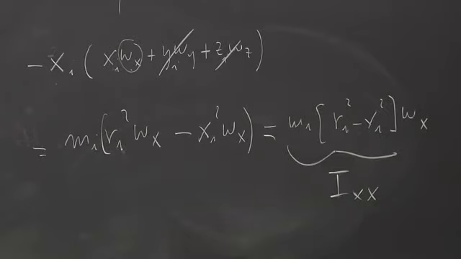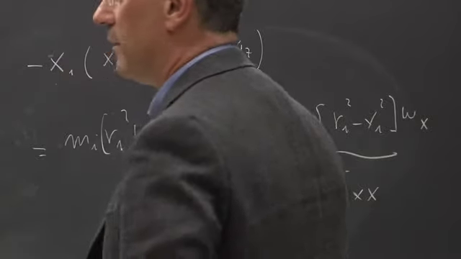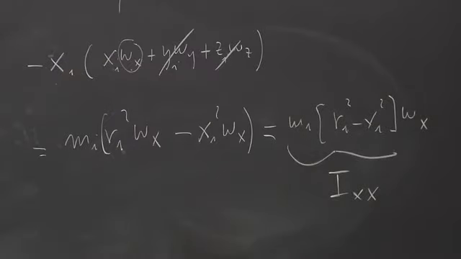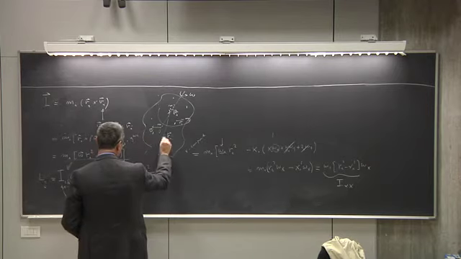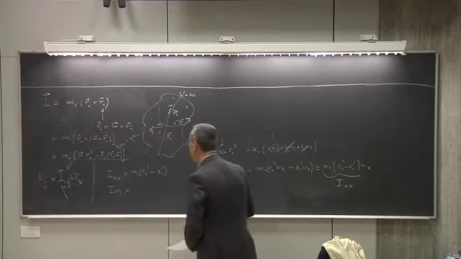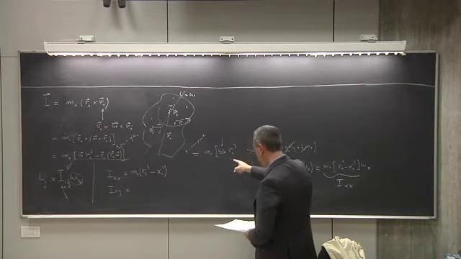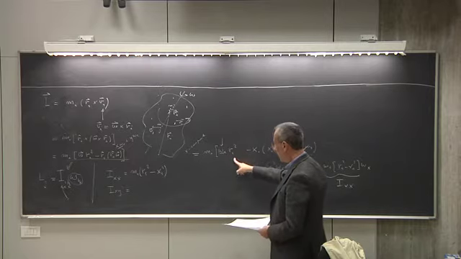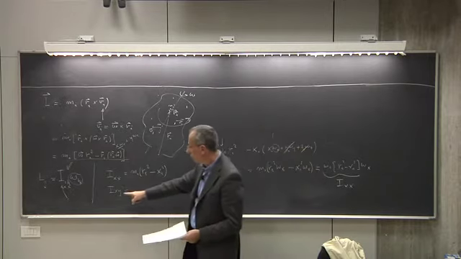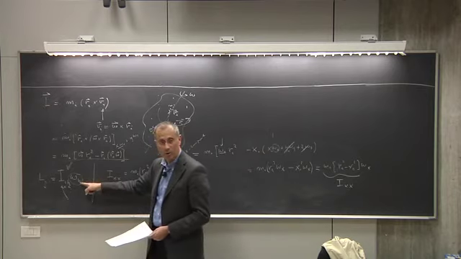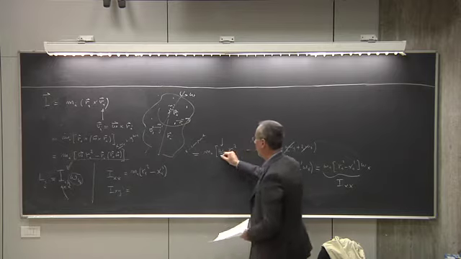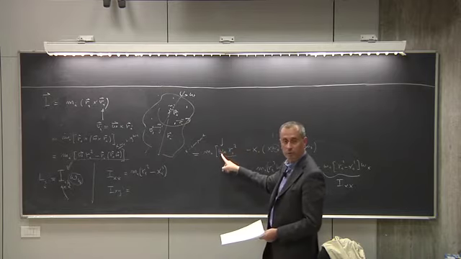Any improvement or still fog? Well, let's just check another component. For instance, what happens if I go off diagonal? I mean, this is the diagonal, so xx, xy, right? So how does that look? For xy, again I have to look at the term that is proportional to omega y now. So it's not this one, because this was the term proportional to omega x.